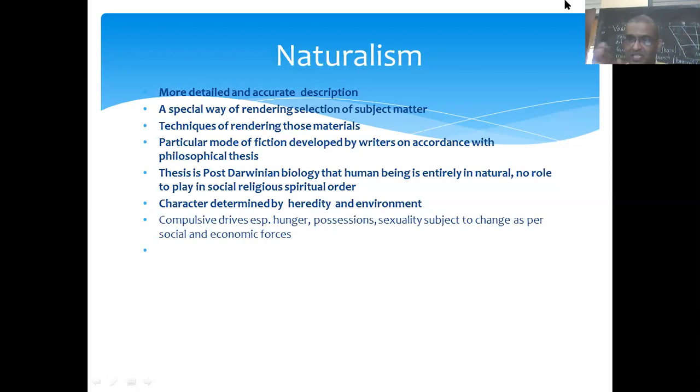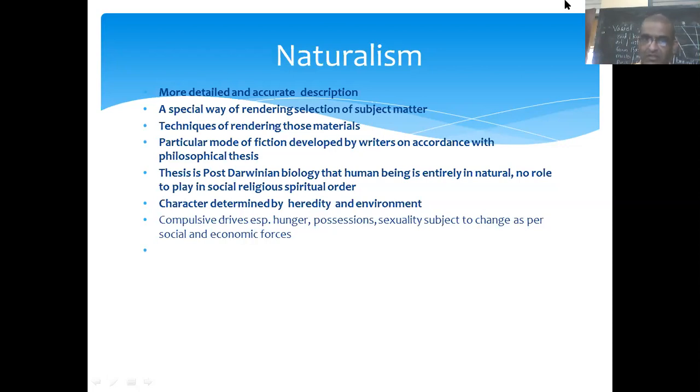The man is put in the natural background, as a part of nature, as an animal. There is no scope for human being to play in the social or religious or spiritual order of this universe. So basically, human being is treated just like an animal with all those animal drives, and these animal drives are in the human body.